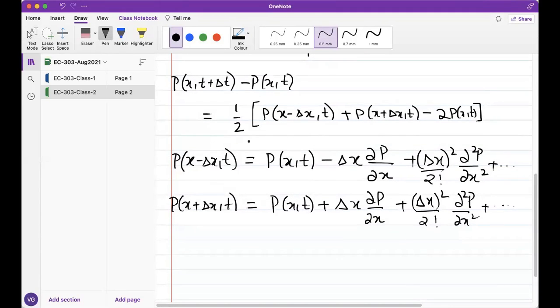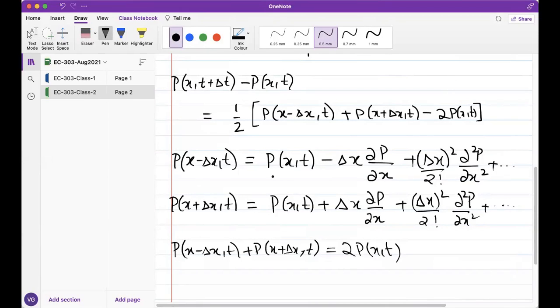So what you have here is a summation of these two terms, the first term here and the second term here. If I add this and this, what do we get? We get 2 times P of x, t, as these two terms just add up, whereas these two terms cancel out.